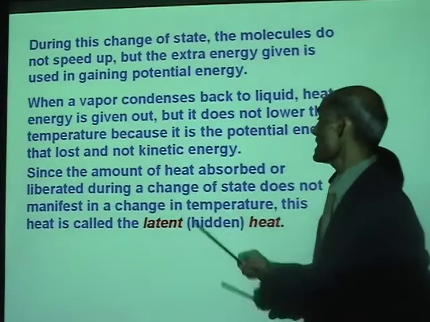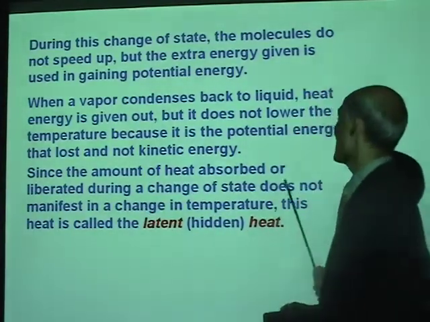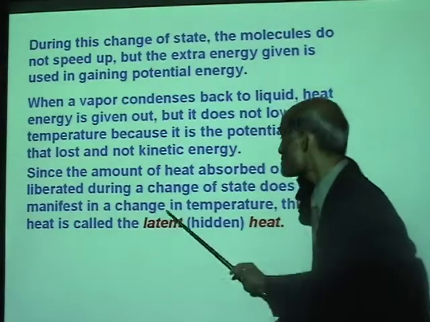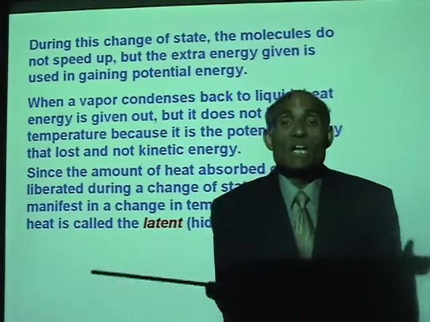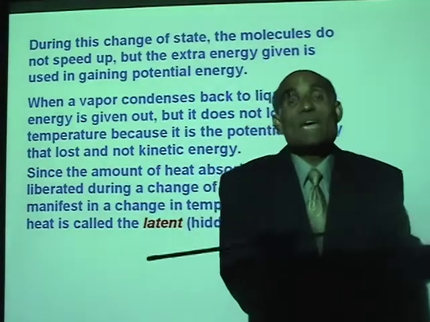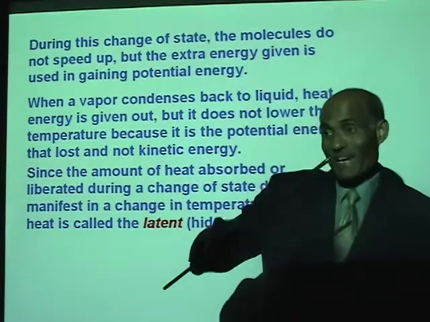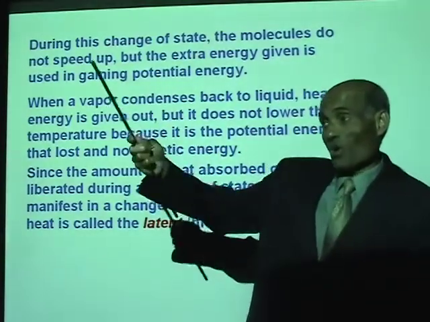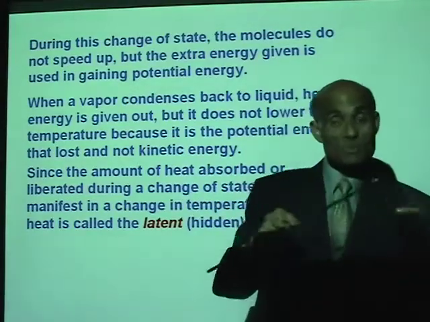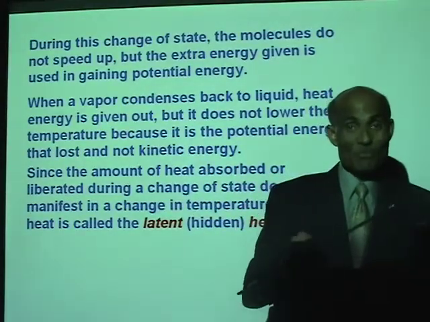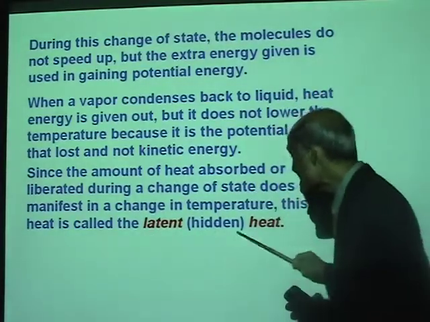Since the amount of heat absorbed or liberated during a change of state does not manifest a change in temperature, the amount of heat given to a substance to make it change from a solid to a liquid, or from a liquid to a gas, or from a gas to a liquid, or from a liquid to a solid, without any change in temperature, is called latent heat.